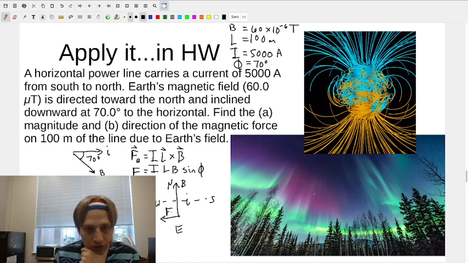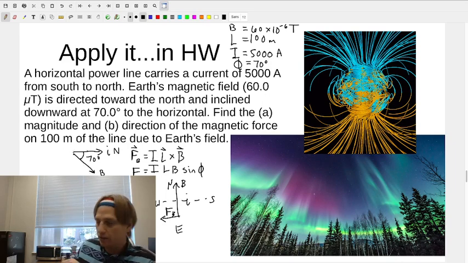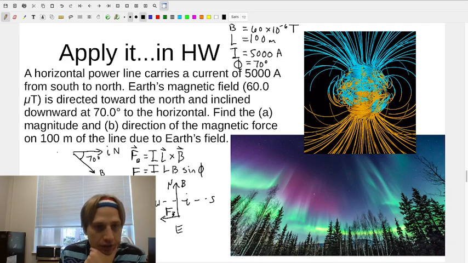So this is the direction of our force. So our force is actually going to be pointing west. Another way to look at this is north, this is slightly downward, and then the force is going to be going into the page.